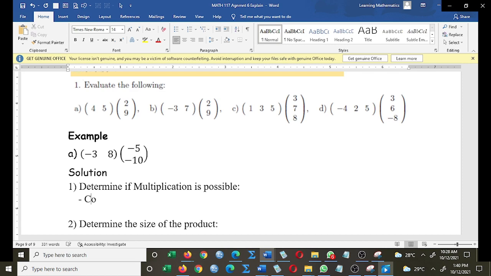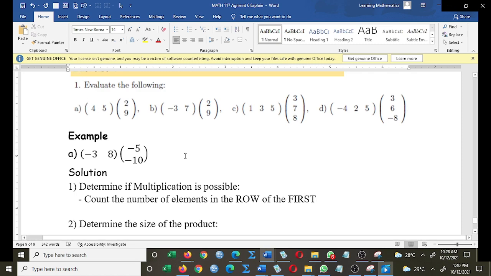You count the number of elements in the row of the first.